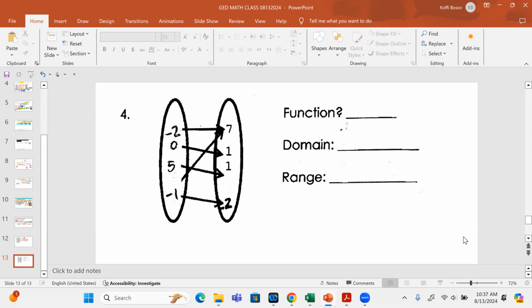When you have a diagram like this, always the first one is X and the next one is Y. Always. So input, output, input, output, input, output. So this is input, and this is output or outcome.